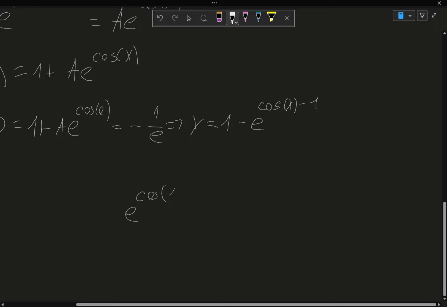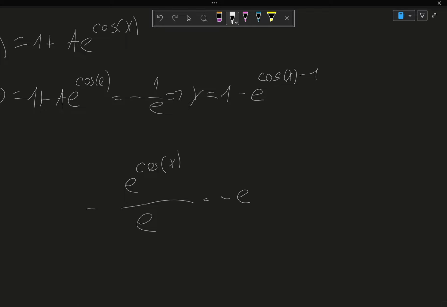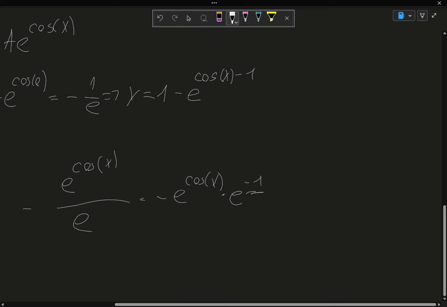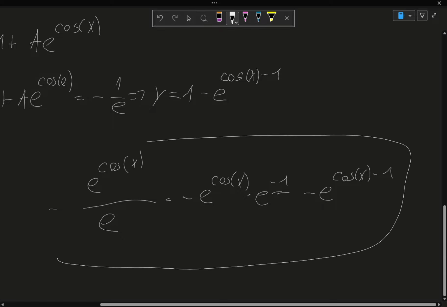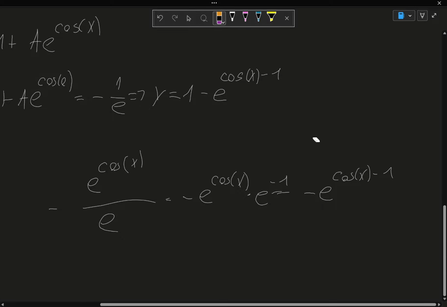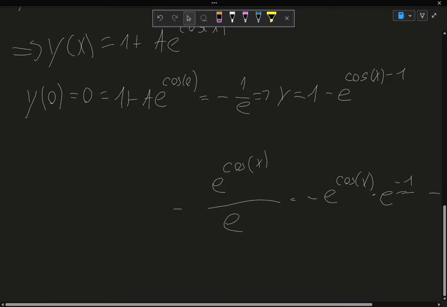So e to the cosine of x divided by e and everything minus is just the same as minus e to the cosine of x times e to the minus 1, which is the same as minus e to the cosine of x minus 1. If you don't know what I did right here, you should probably go over your power rules again, and once you get them, this should be pretty easy stuff.